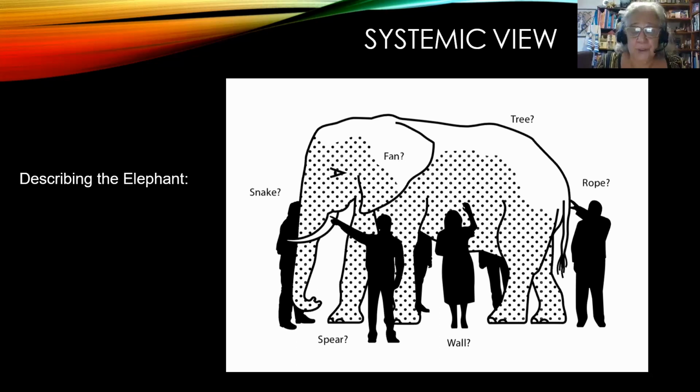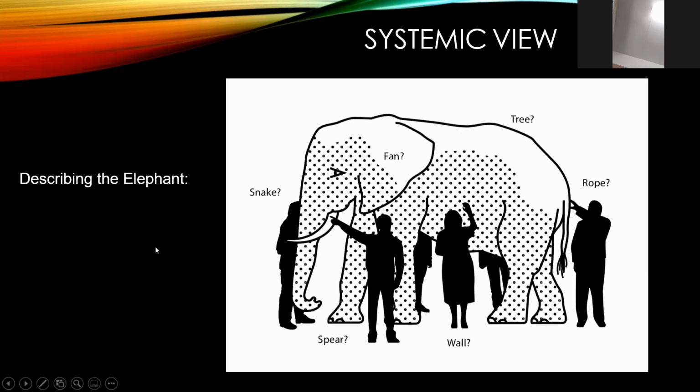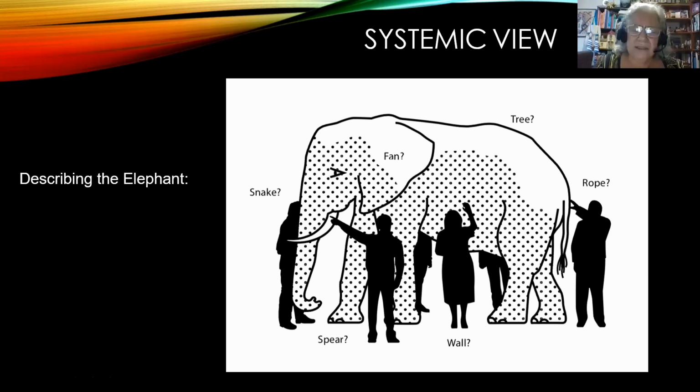One will describe the tail as a rope, another the body as a tree or a wall, the ears as a fan or a spear. So it is very important that you understand the whole thing.